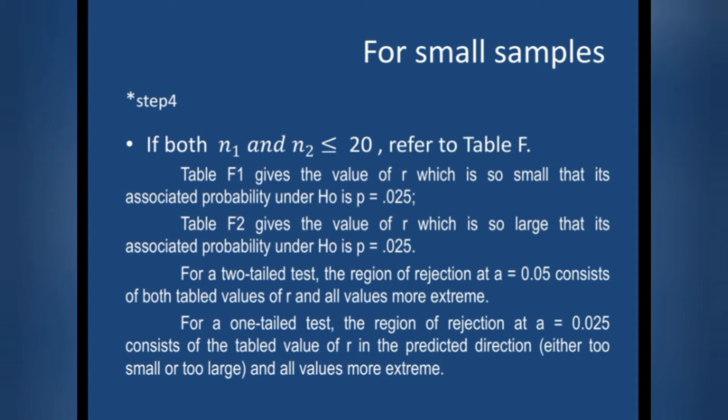At saka yung Table F2 naman gives values of R which are so large that the probability associated with their occurrence under the null hypothesis is P equals 0.025. Ito naman yung sa upper tail ng normal bell curve.